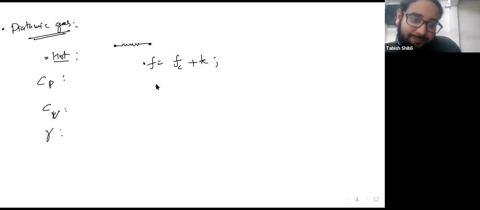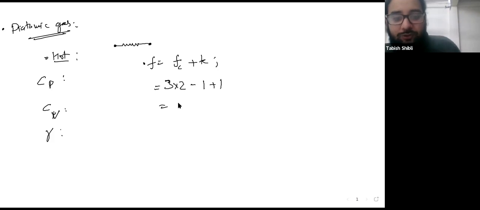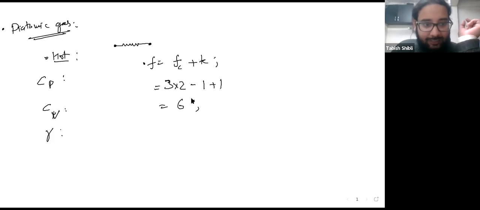So this is essentially 3 times 2 minus 1 plus 1. So this is 3 times 2, so this is just 6. Now there are 6 degrees of freedom, correct?